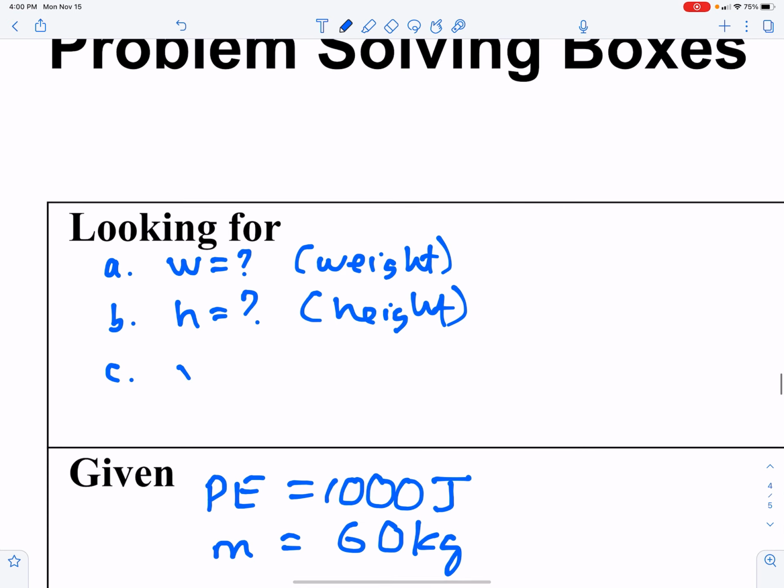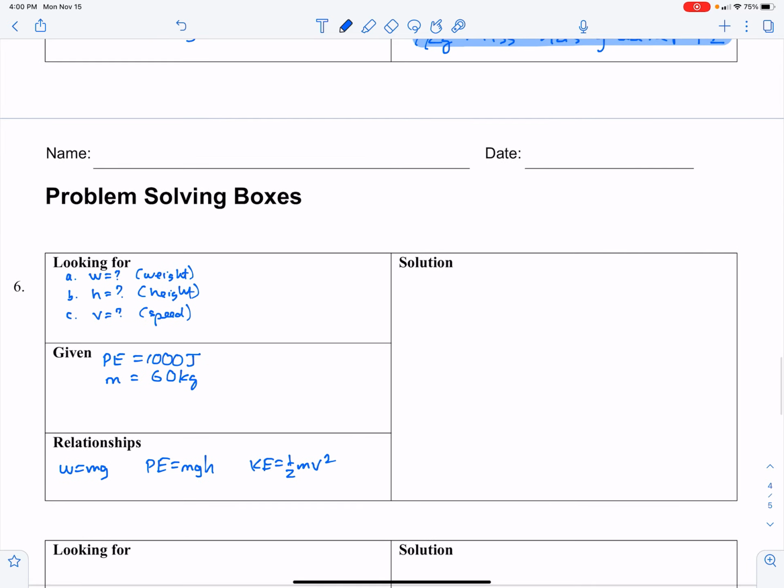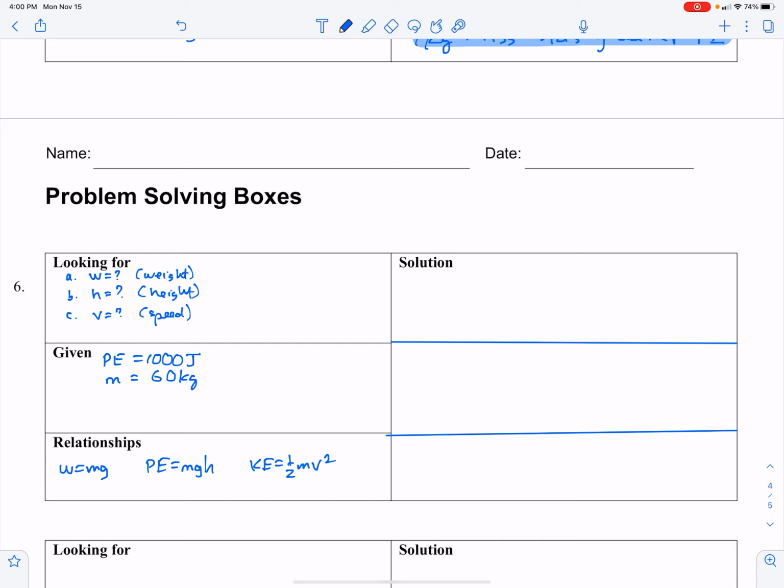In part C, we're looking for the speed at the bottom. Again, let's break this problem off into 3 sections. Partition it off, A, B, and C.